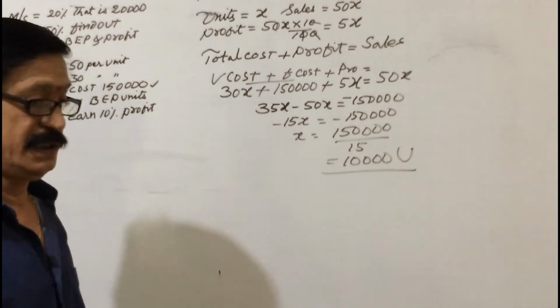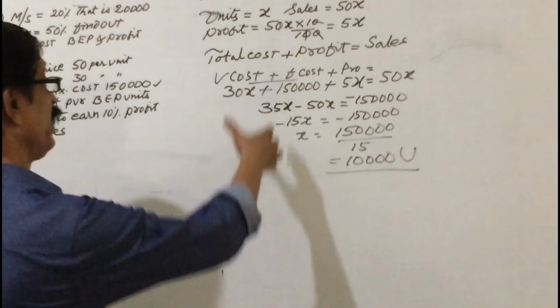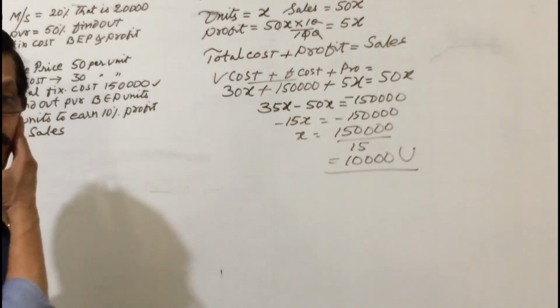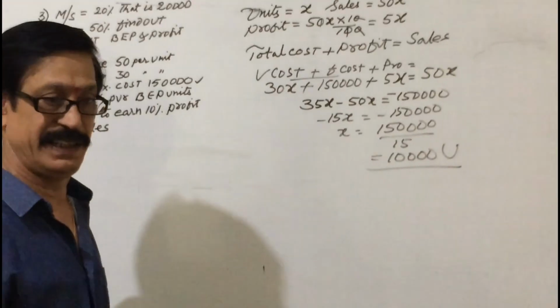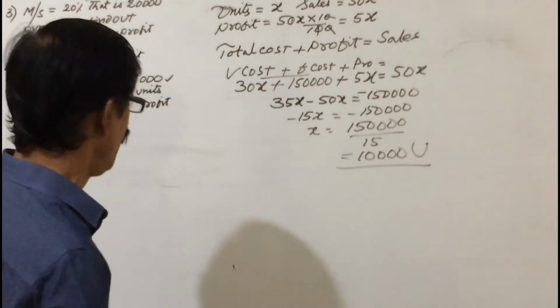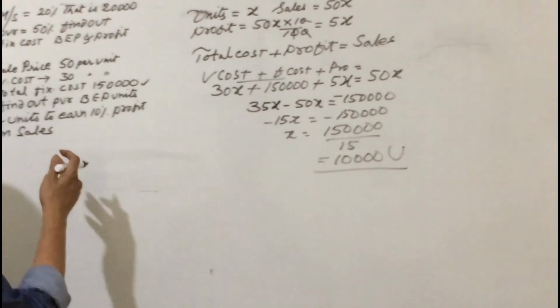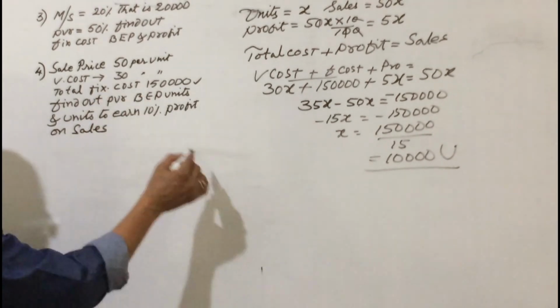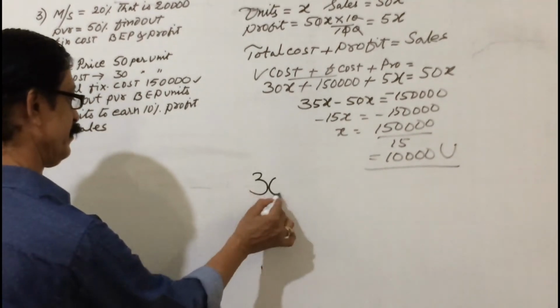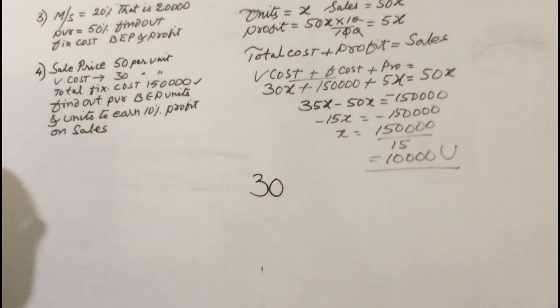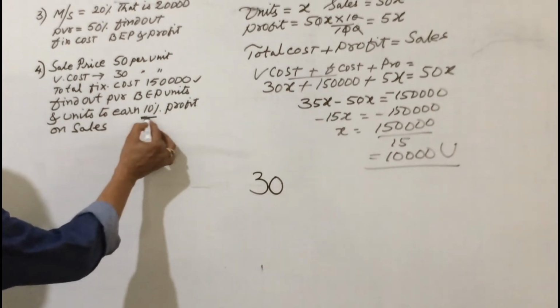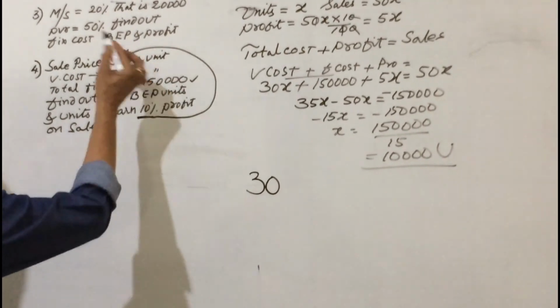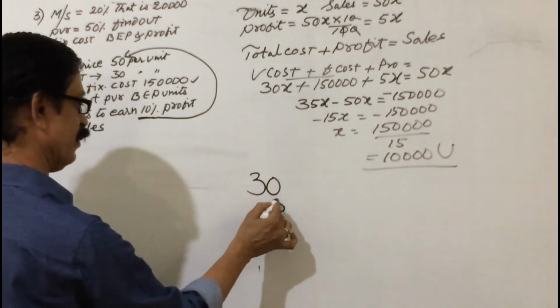Well, yes, students, instead of doing it like this, I am going through another way, a shortcut way, very shortcut. How is it possible? Look at the board. Our variable cost is 30. I want to earn 10% profit on sale, that is on 50, that is equal to 5.